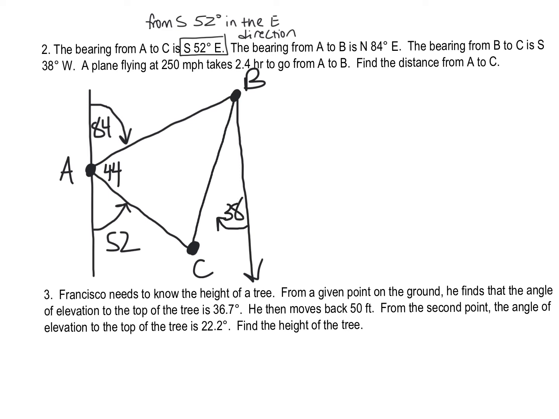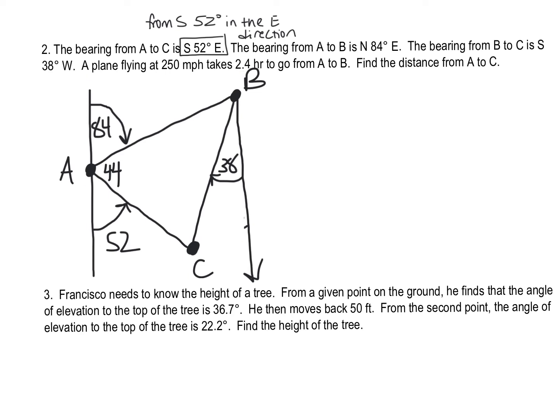Okay, so not really the best job of drawing, and a lot of times you'll start to realize that you might need to erase or slide a point over sometimes, but this was 38 degrees. Again, it was from the south, and I moved to the left 38 degrees. This line and this line are parallel.